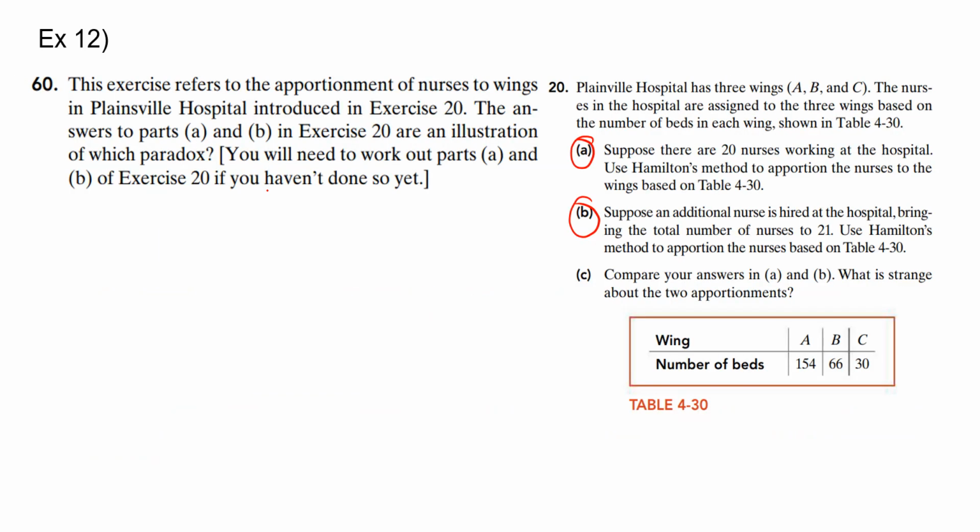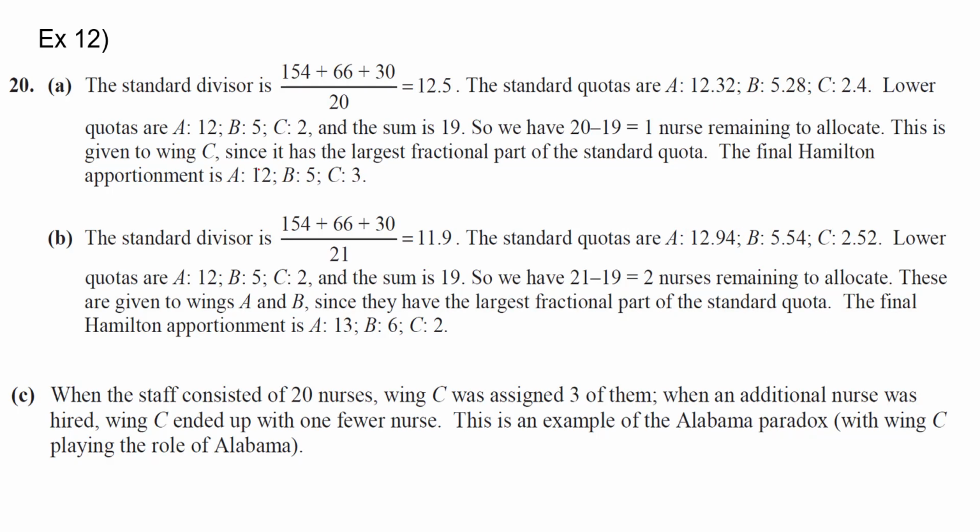So we have the A wing, the B wing, and the C wing. Under the first one, A wing was 12, B wing was 5, and the C wing was 3. That's the funny thing. Adding an extra nurse, what happened was the A wing got the extra nurse. Good there?